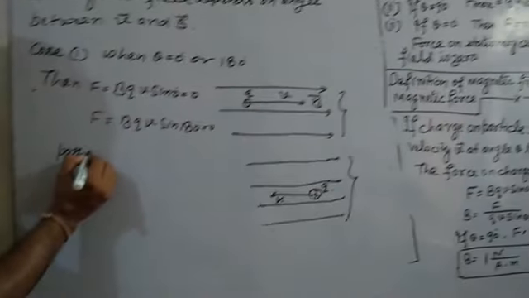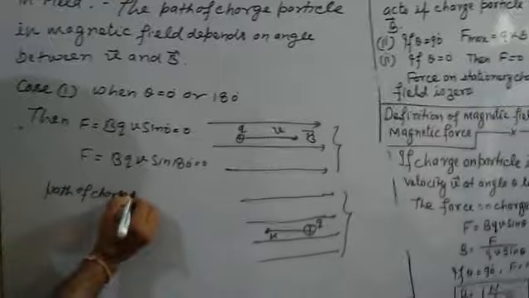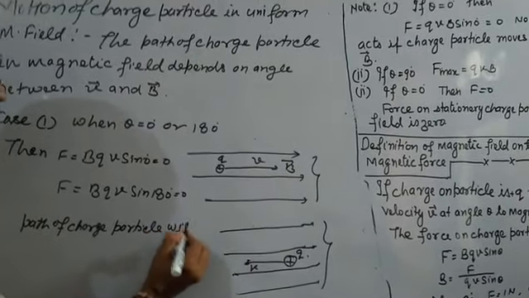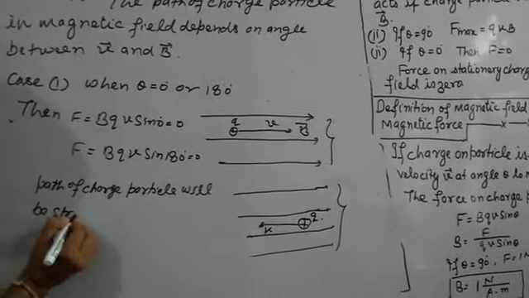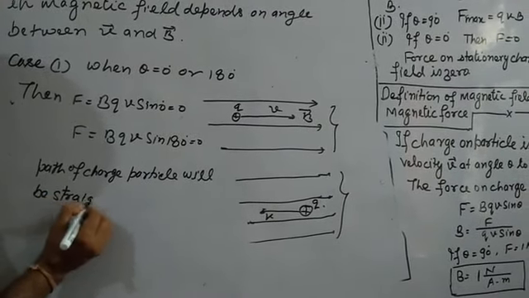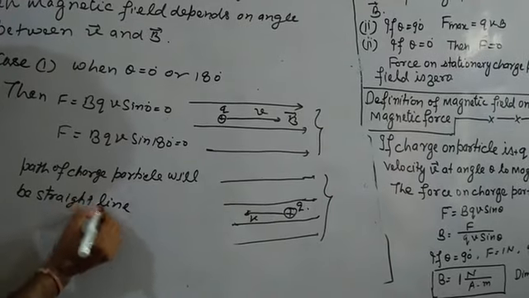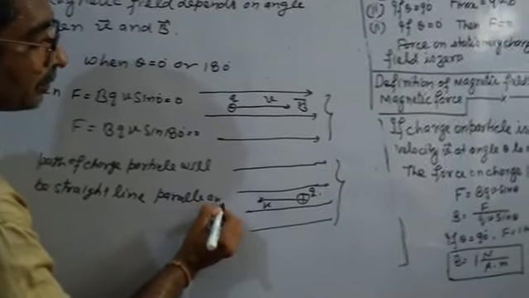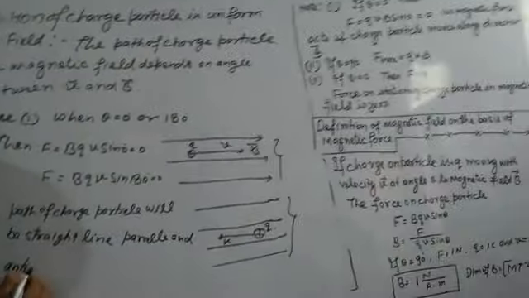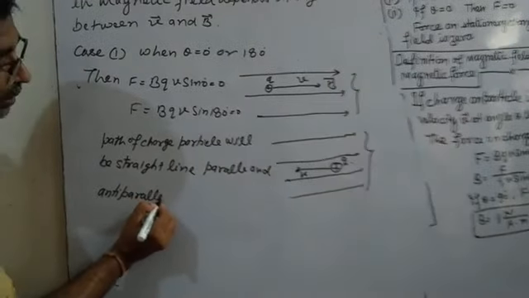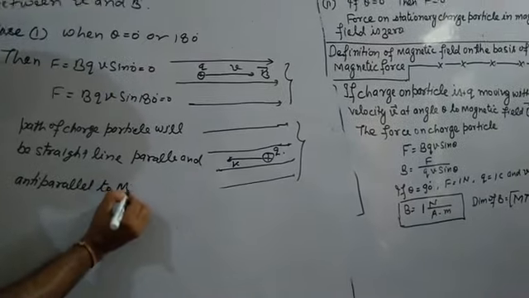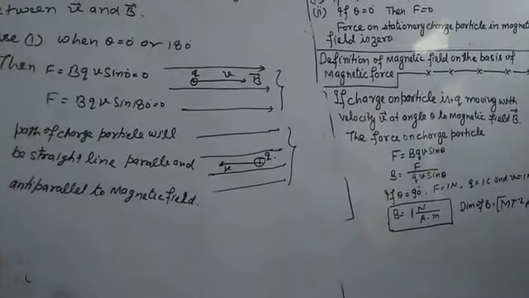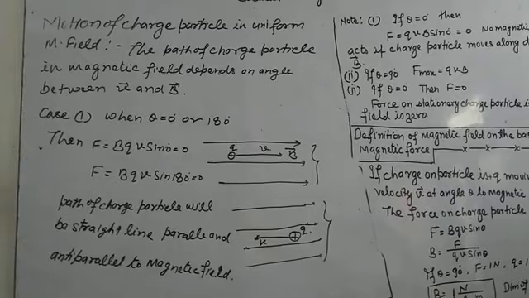The path of the charged particle will be a straight line, parallel and anti-parallel to the magnetic field. Write this down, all of you.